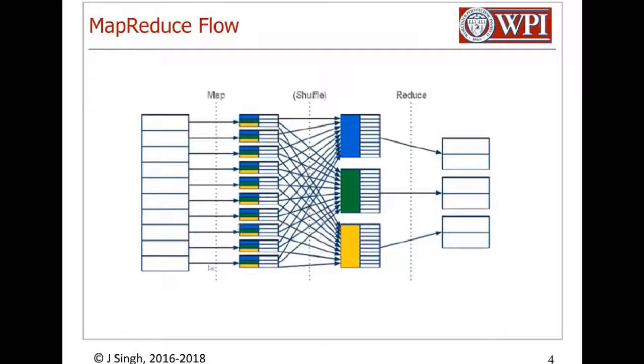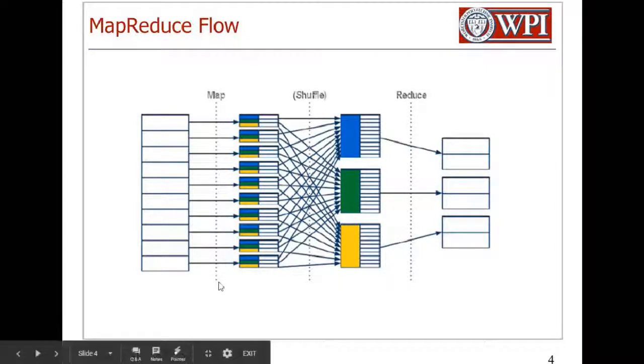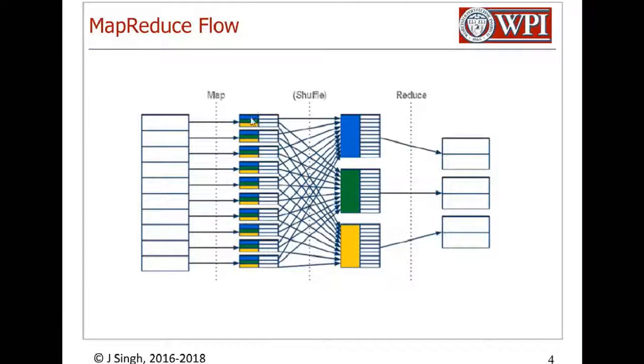So here's a picture of exactly the same thing that we just talked about, where you have a large file, and you give that file to a mapper, and the mapper produces some keys, and in this case it produces blue, green, and yellow keys.